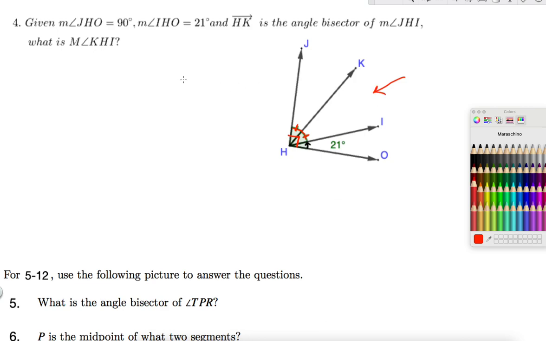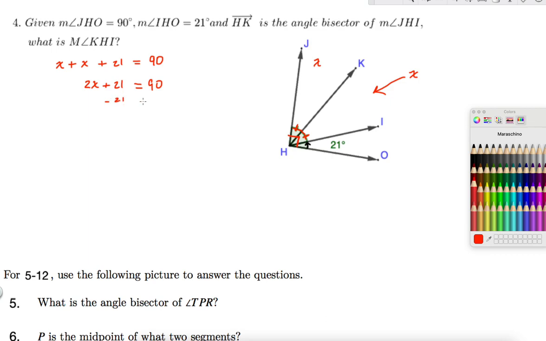All right, so I mean, there's a couple of ways we could do this, right? We could say, okay, this is unknown. I can call this X, right? Because these are congruent, I can also call this X. So we could say, okay, x plus 21, I'm thinking my angle addition here, all add up to 90. And so I've got 2x plus 21 equals 90.